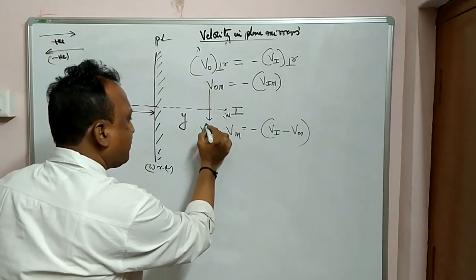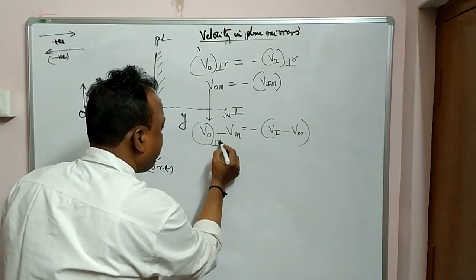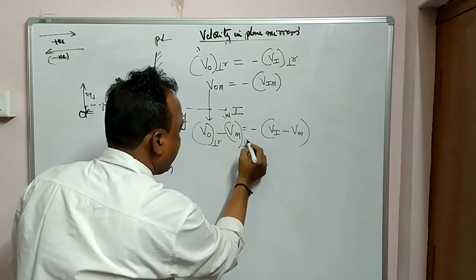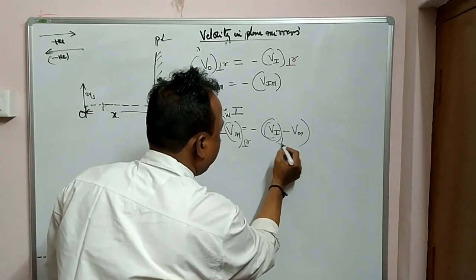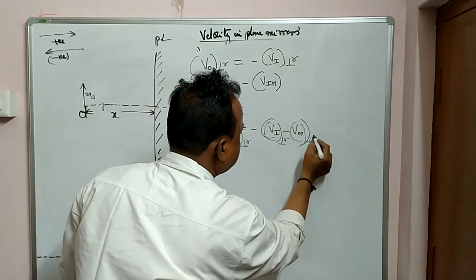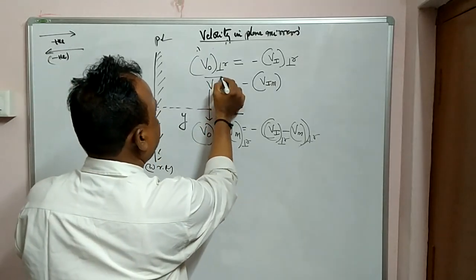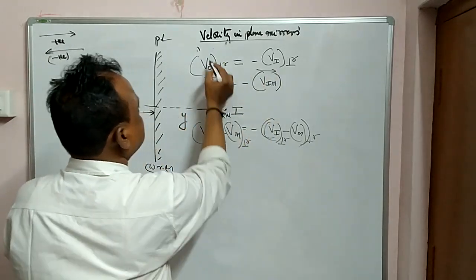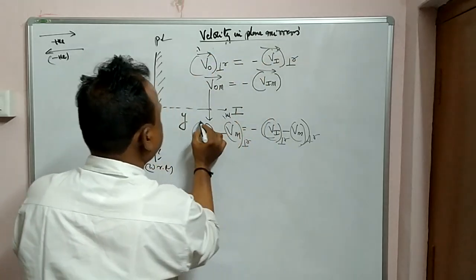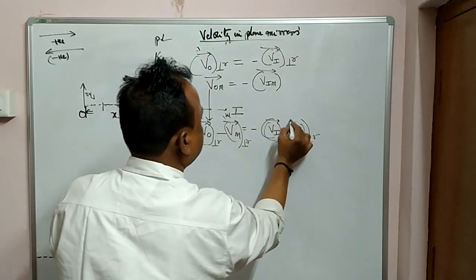And all these are, please make a note, perpendicular to the mirror. Specifying perpendicular, okay? And this is a vector, please. Velocity is a vector. Vector notation. Okay?